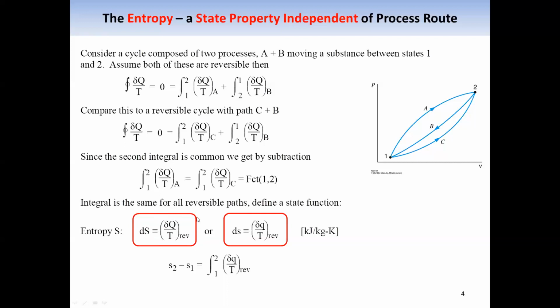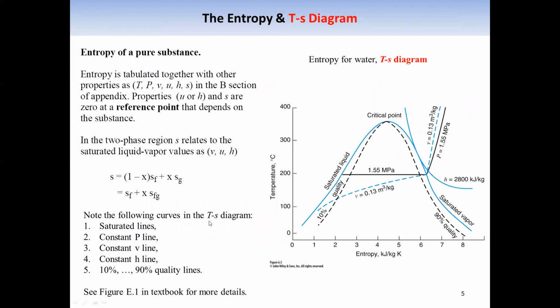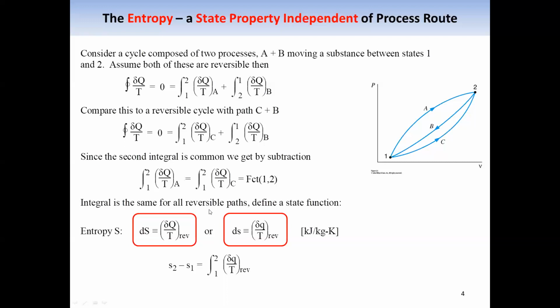Now, the derivation is based on the assumption that all these three paths are reversible. However, since entropy is a state function, the change doesn't depend on the path.